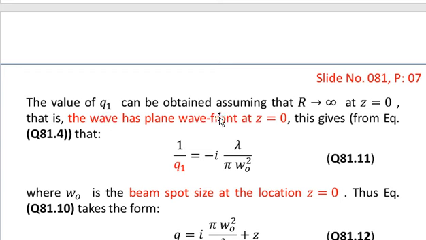The value of q1 can be obtained assuming that R goes to infinity at z = 0. That is, the wave has a plane wave front at z = 0. This gives the equation, from equation 4, as shown in equation 11, that 1/q1 = -i λ/(π w0²).